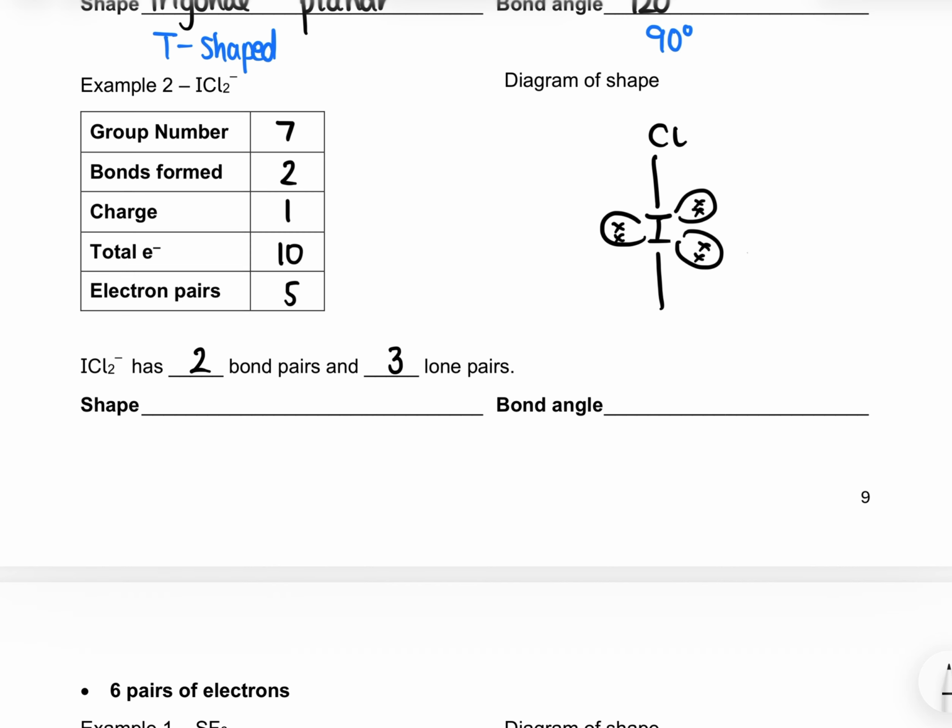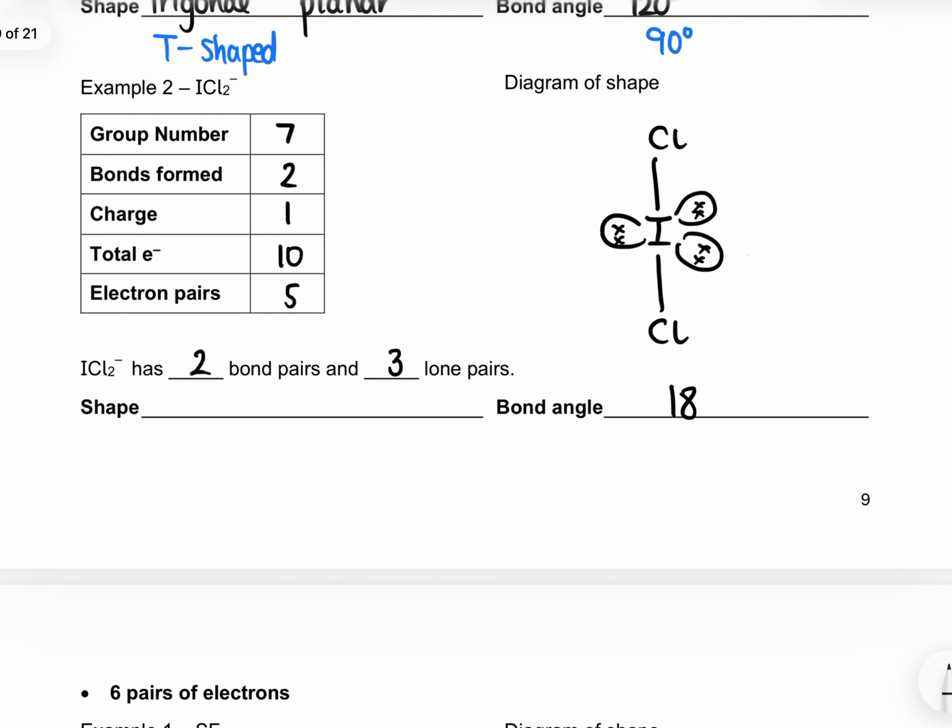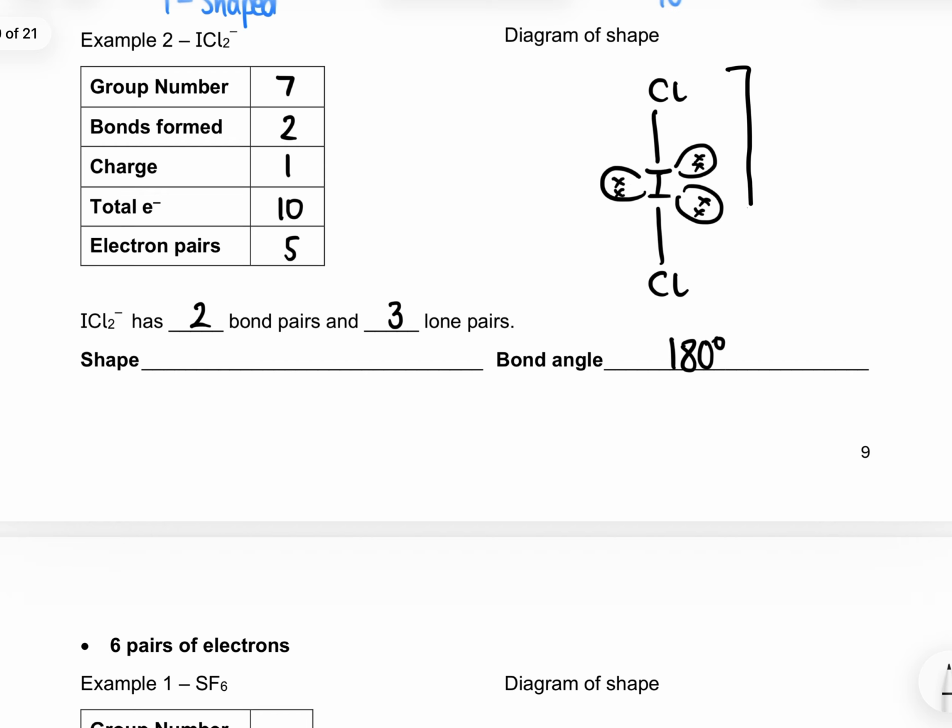We put the Cls at the top and the bottom. And because those lone pairs are all in that horizontal equatorial plane, they don't actually affect the bond angle between the two Cls, which are now 180 degrees away from each other. This whole thing is a minus ion. We can see that when we're like this, we're linear.